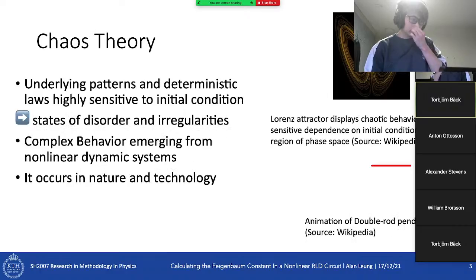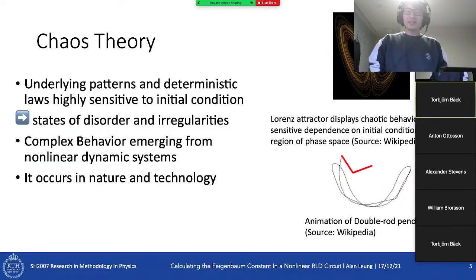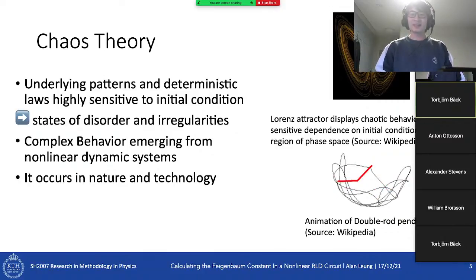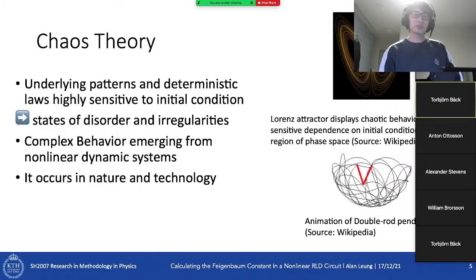About the chaos theory, there's a saying that when a butterfly flaps its wings, it can cause a tornado from Brazil to the USA. We can see from the animation below a double rod pendulum.